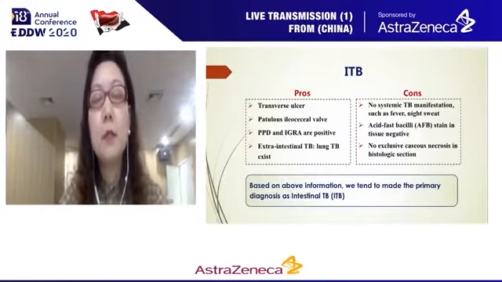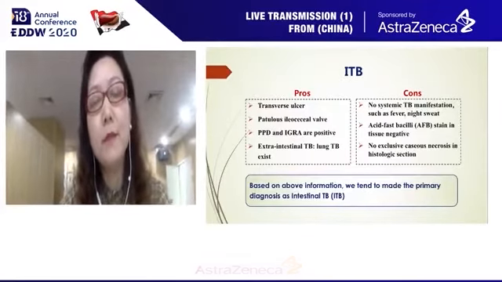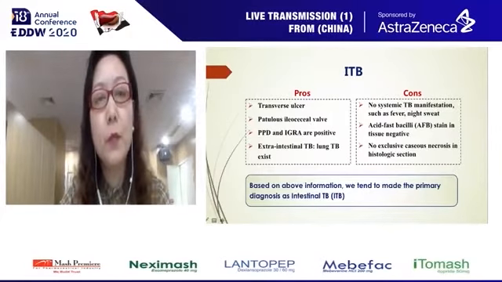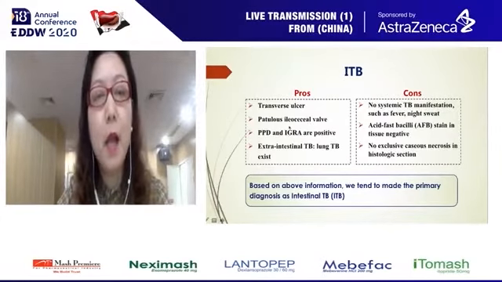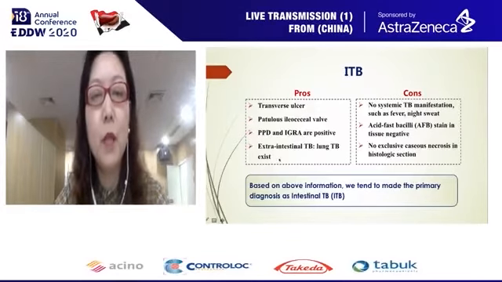And so for this patient, the evidence in support was transverse ulcer, patulous ileocecal valve, PPD and HLA positive, and extra-intestinal TB.